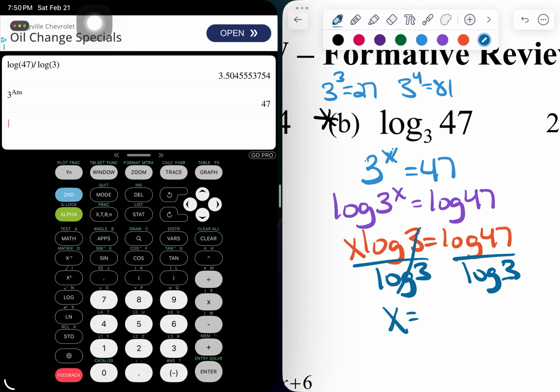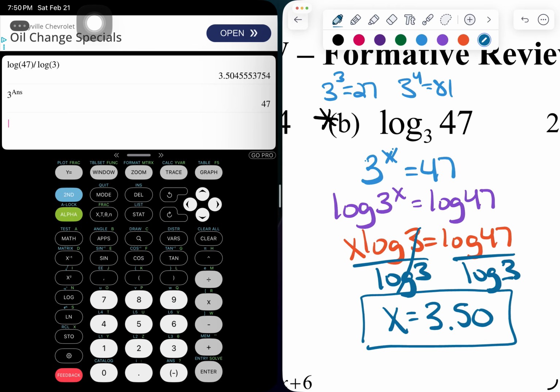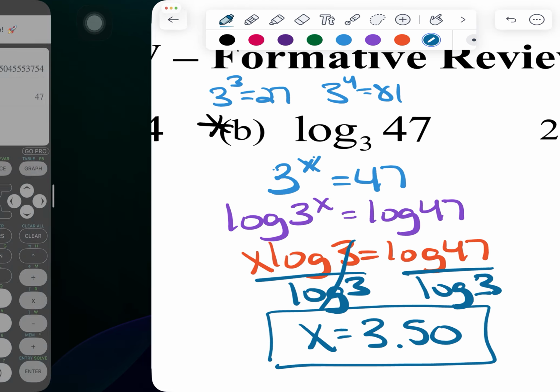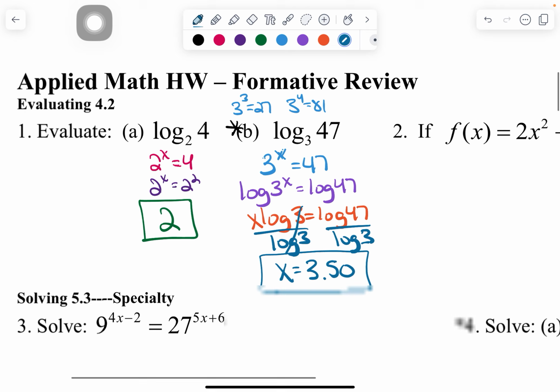Yep, that's 47. All right, so with a couple decimal places, we're going to go 3.50 because that 4 will not make the 0 round up. All right, so let's get rid of this. All right, so there is question number 1, the 2 little parts. Again, my apologies, I should have recognized this would have had a calculator attached to it.